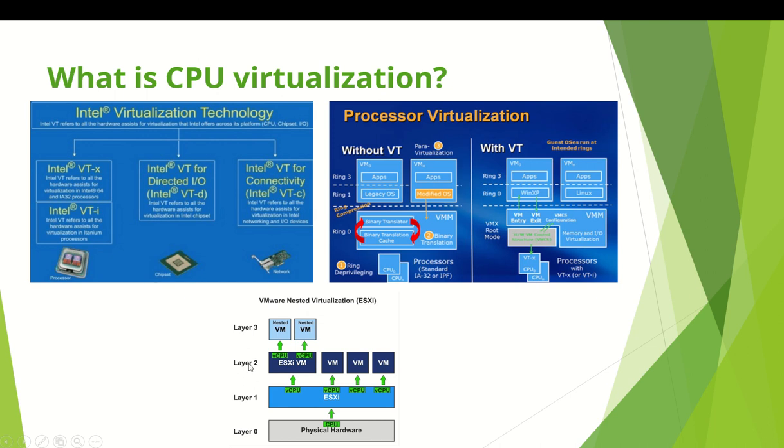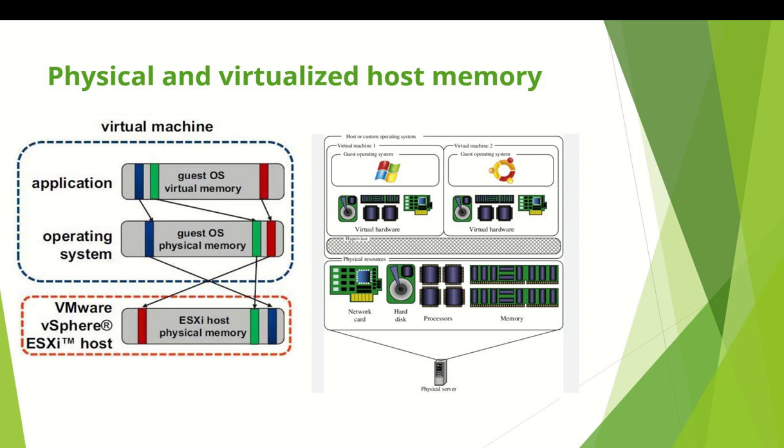Like this is about CPU virtualization, and next is physical and virtualized host memory. In a non-virtual environment, the operating system assumes it owns all physical memory available. When an application starts, it uses interfaces provided by the OS to allocate or release virtual memory pages during the execution.